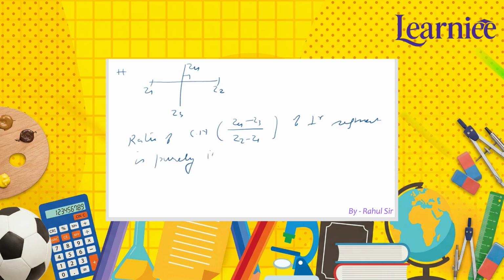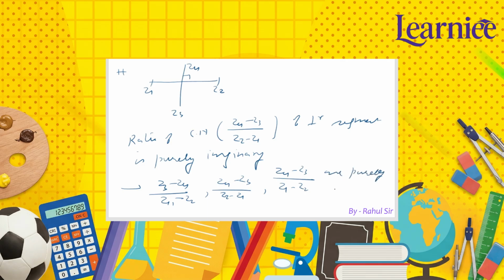So any ratio can be taken as Z3 minus Z4 upon Z1 minus Z2, or Z4 minus Z3 upon Z2 minus Z1, or Z4 minus Z3 upon Z1 minus Z2, all are purely imaginary.